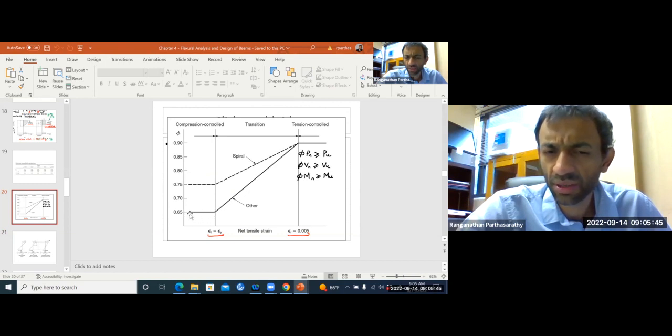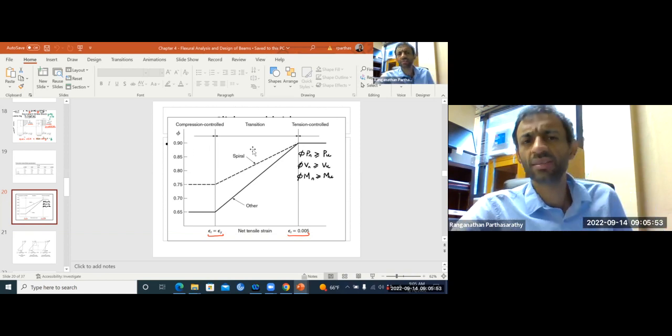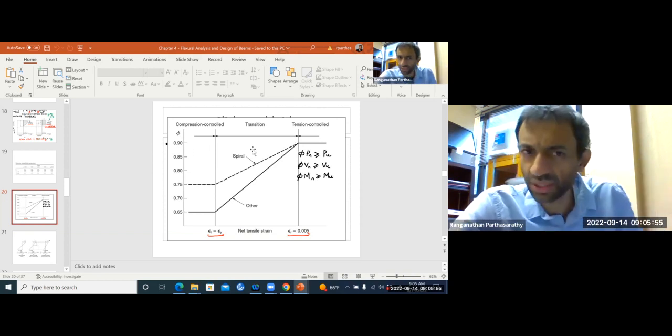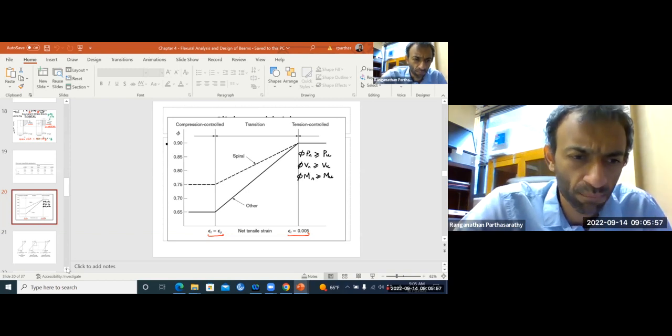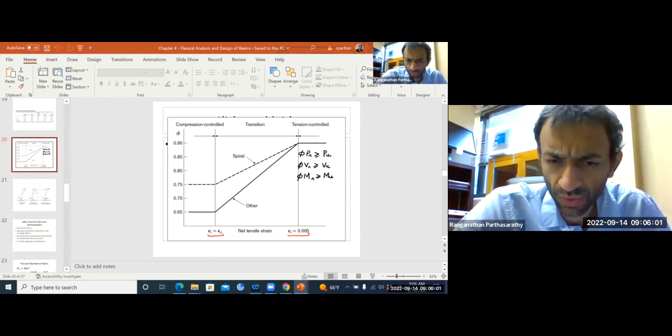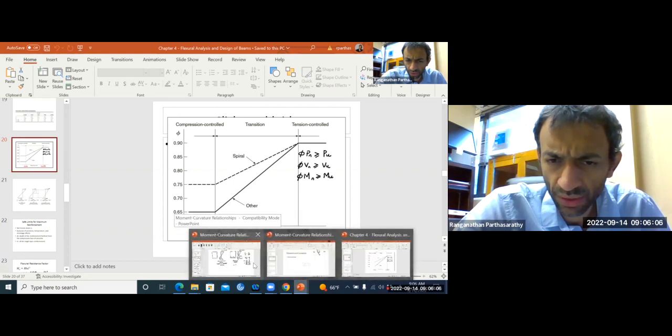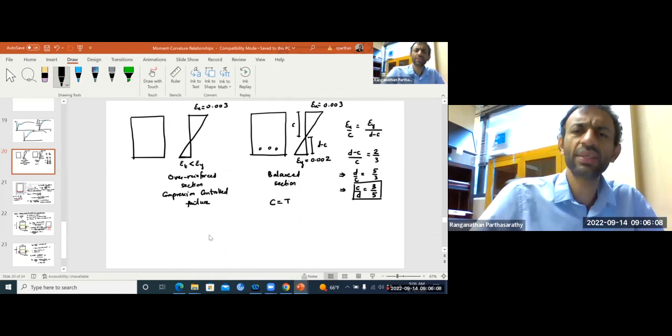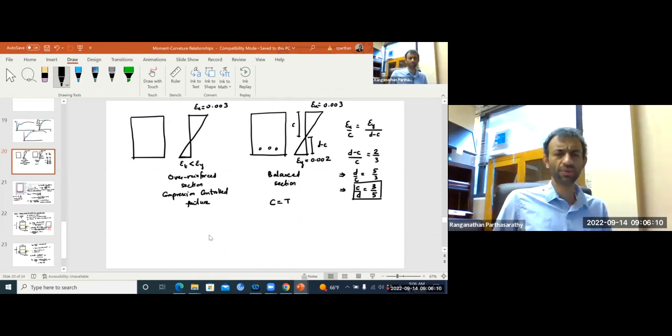So below epsilon y, everything is compression controlled. You have a big penalty of 0.65. For tension control, 0.9. Okay, let's come back. c over d is 3 over 5.